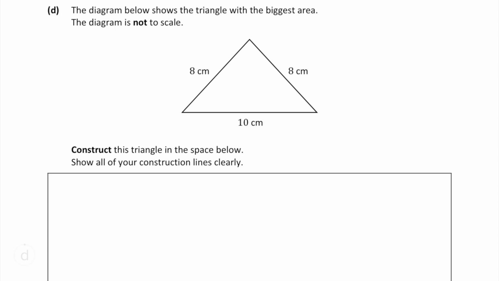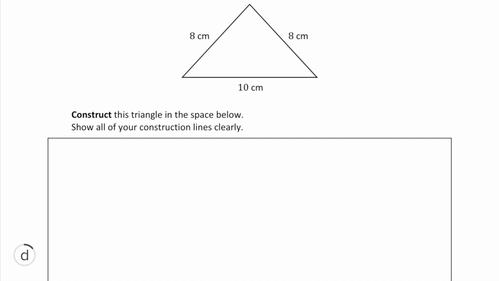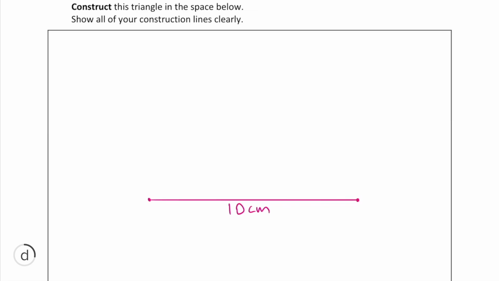In part D, we're given a diagram showing the triangle with the biggest area. We have to construct this triangle in the space provided, showing our construction lines clearly. The first place to start is by drawing the base, which is 10 centimeters long, using a ruler.